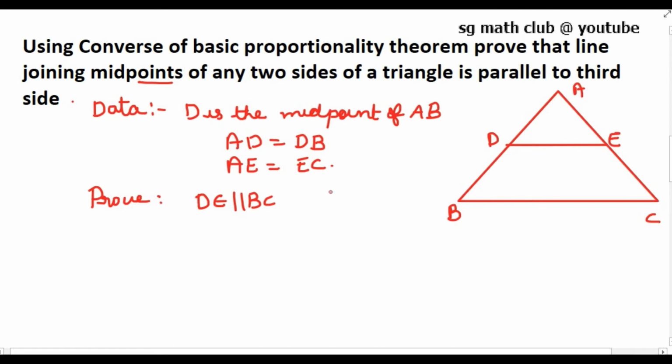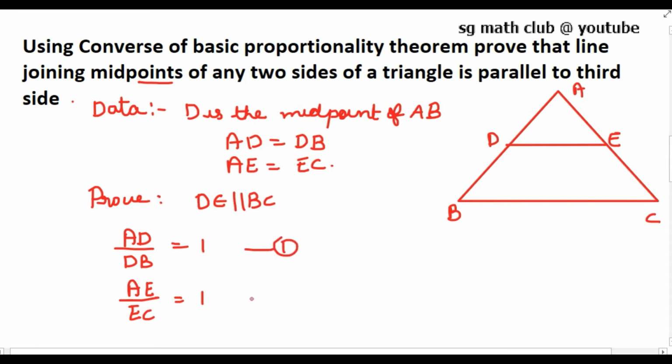In 9th standard we already studied the midpoint theorem proof, but here they have asked us to prove it using the converse of the basic proportionality theorem. From AD equal to DB, I can write AD divided by DB equal to 1 because both are equal. Again, AE divided by EC is 1 because both are equal.